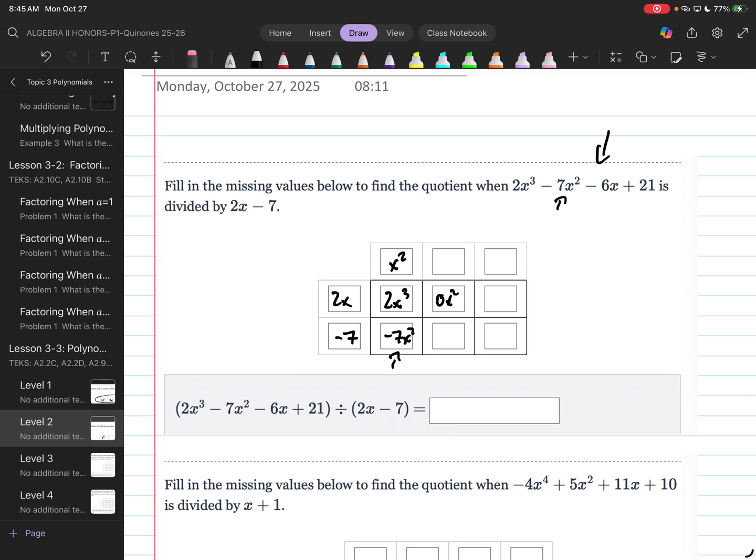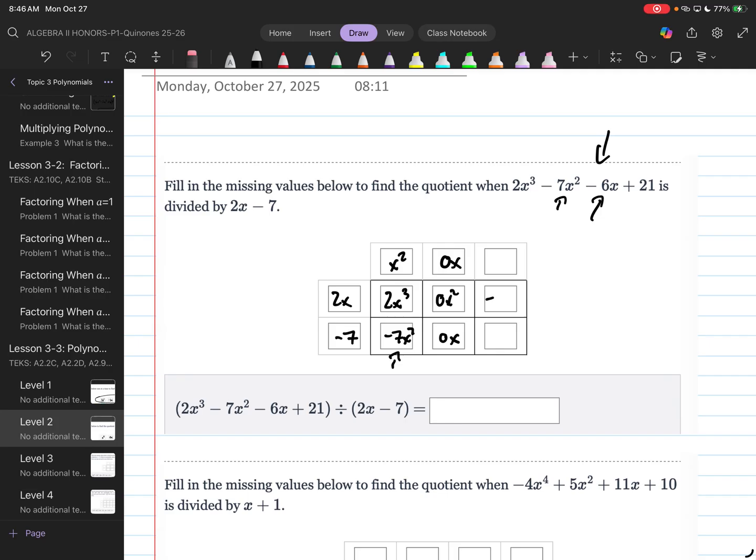Okay? So then what times 2x will give me 0x squared? 0x. Okay? And then this turns into 0x. Why am I writing it this way? So that I know how I'm following all of the polynomials from highest to lowest. Okay, I need 0x plus something to give me negative 6x.